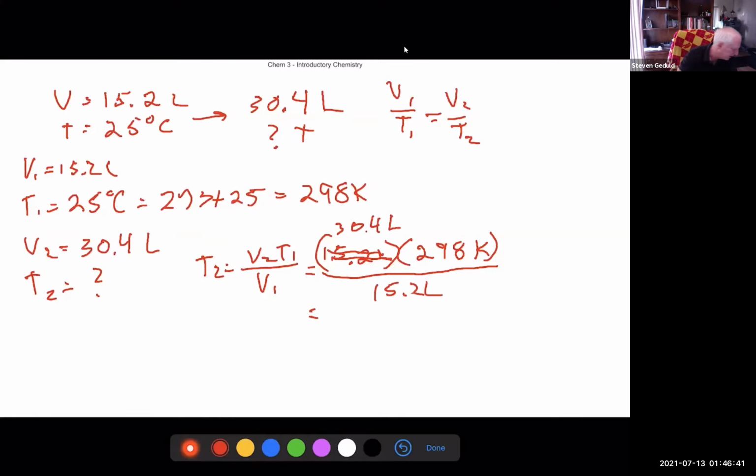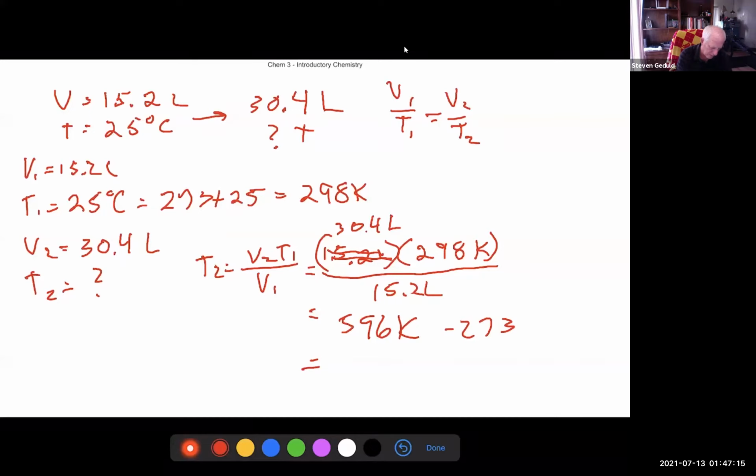And you want your answer in Kelvin and Celsius. All right, so do the math: 30.4 liters times 298 divided by 15.2 comes out to 596 Kelvin, which minus 273 comes out to 323 degrees centigrade.